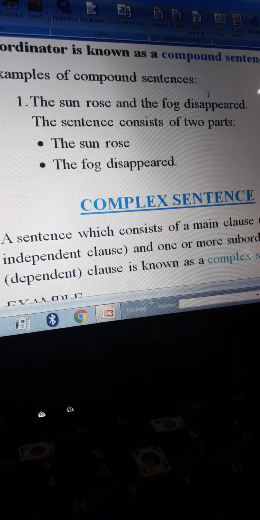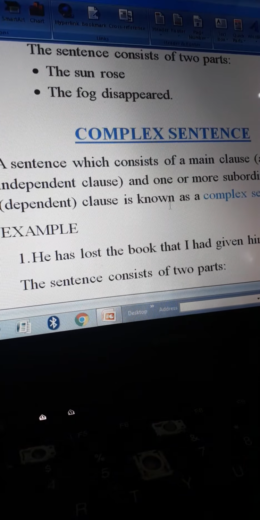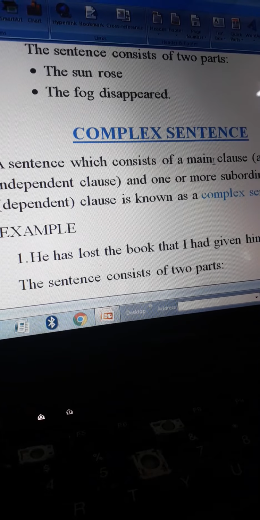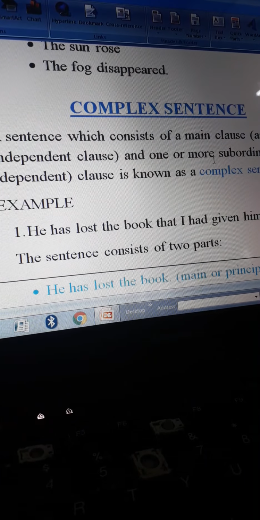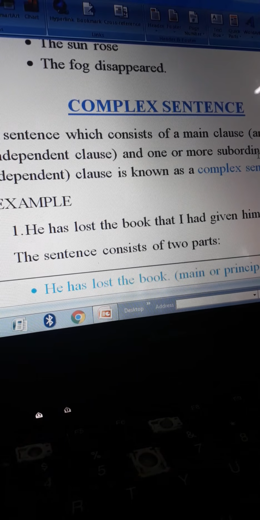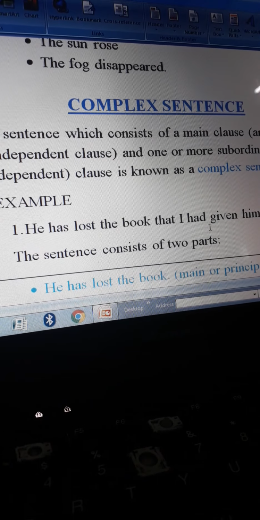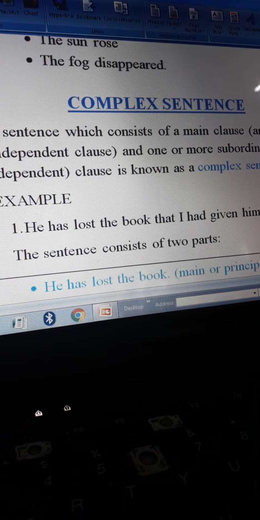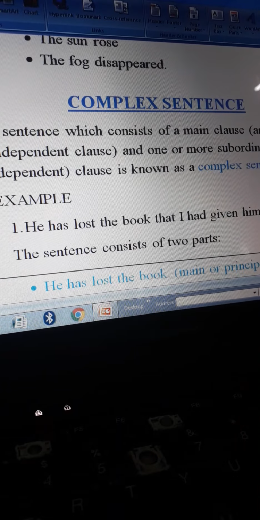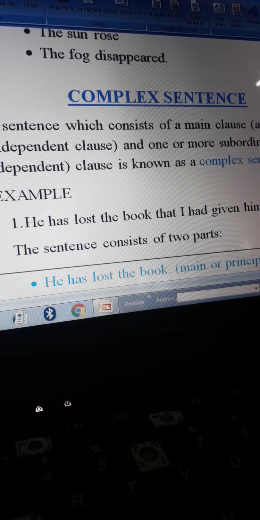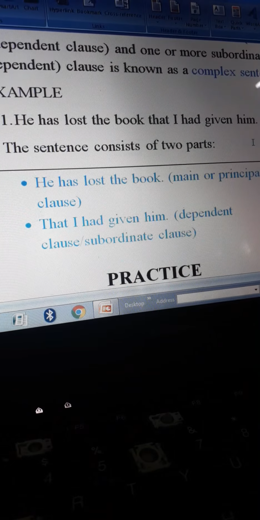Okay, and when the sentence contains one main clause or a principal clause, and one dependent clause, the sentence which contains one principal clause and a dependent clause is known as a complex sentence. Okay. I hope the three types of sentences are clear to you.